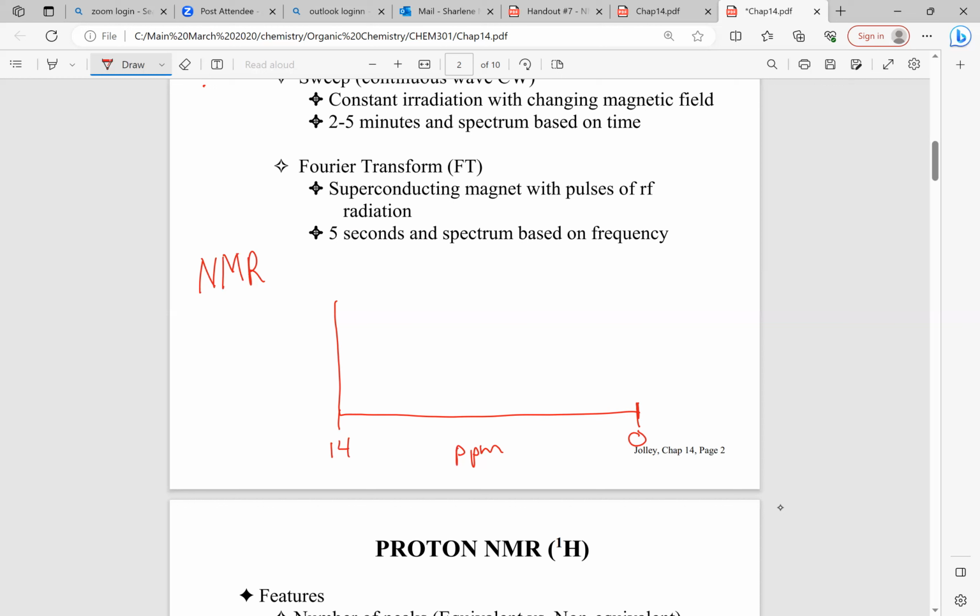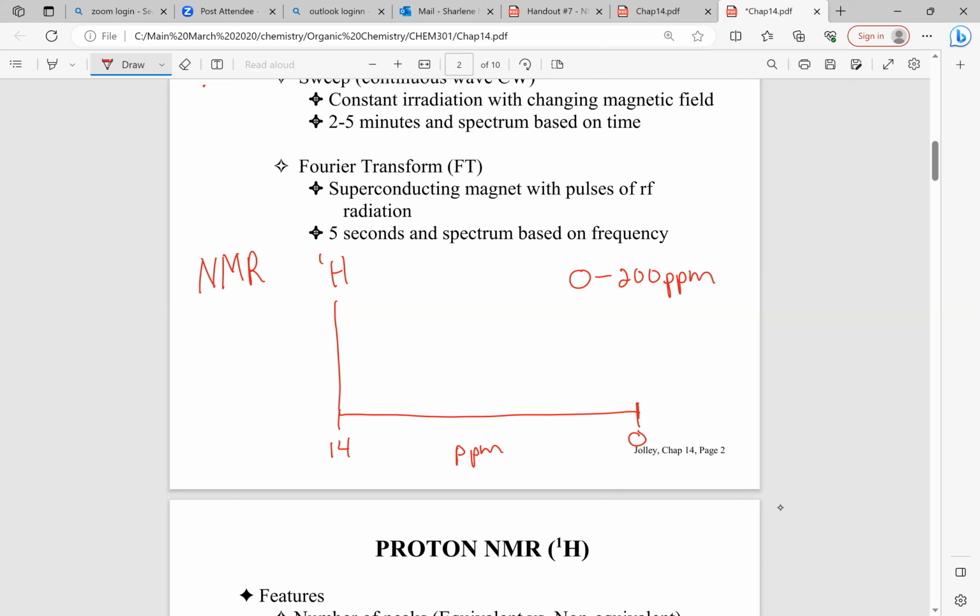That's usually the maximum, so you'll always be able to tell because it will go from 0 to 14. This is proton NMR. A carbon-13 NMR will go from 0 to 200 ppm. That's how you'll tell the difference between the two. And then they look a little bit different as well.